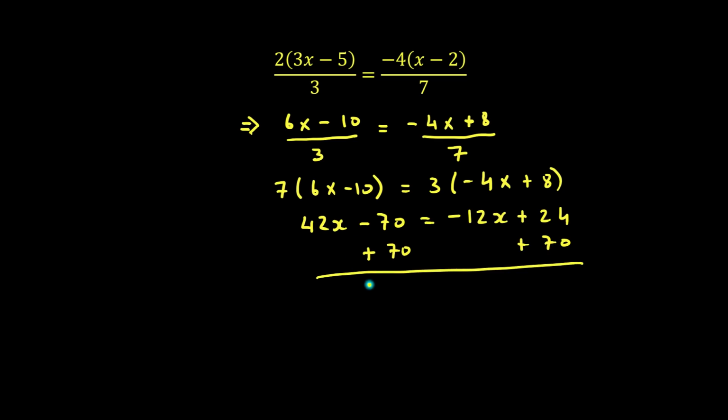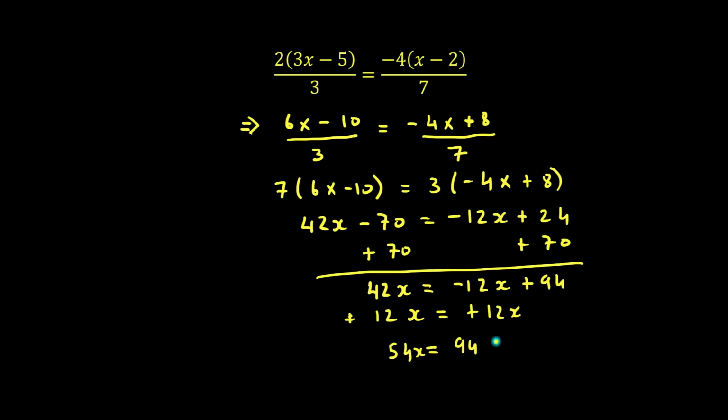Then that would give me 42x, and that's equal to negative 12x plus 94. Now add 12x to both sides in order to get rid of the 12x from the right hand side, and that would give me 54x is equal to 94.